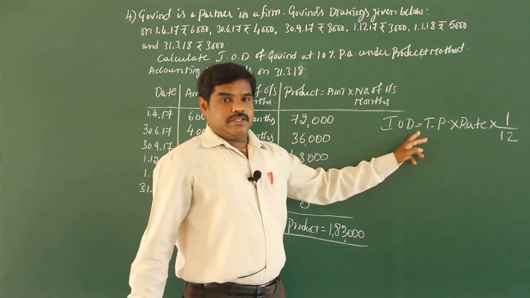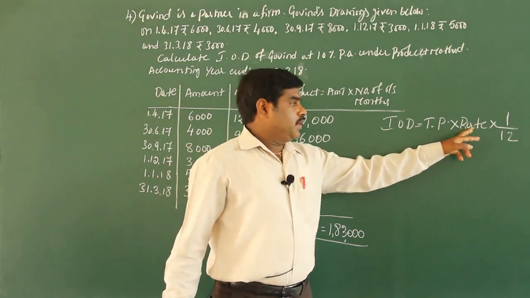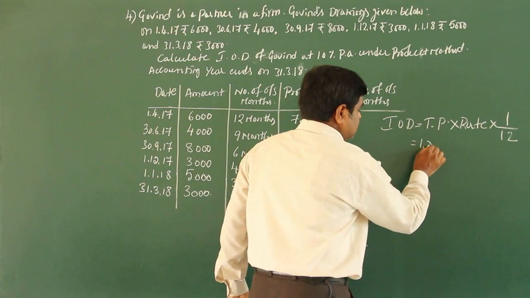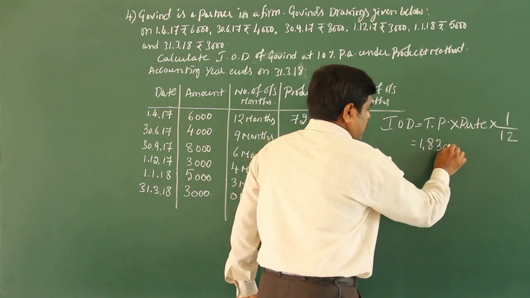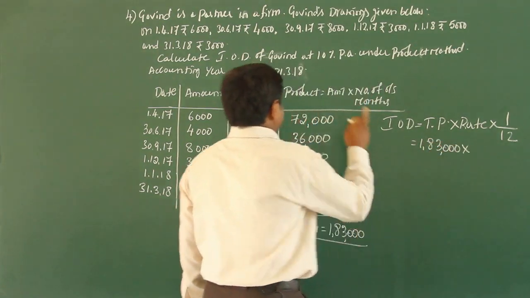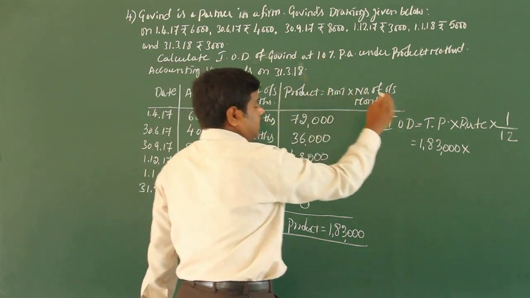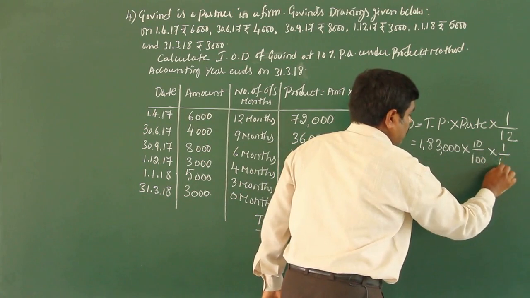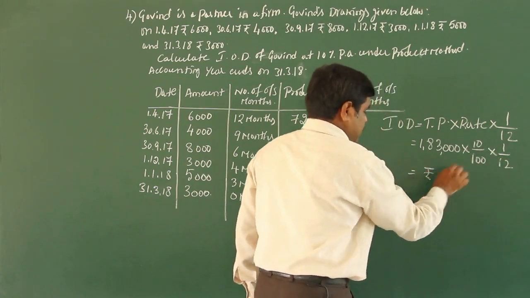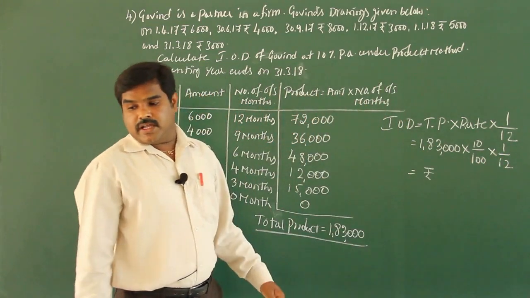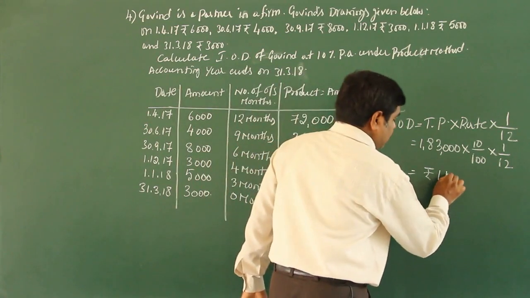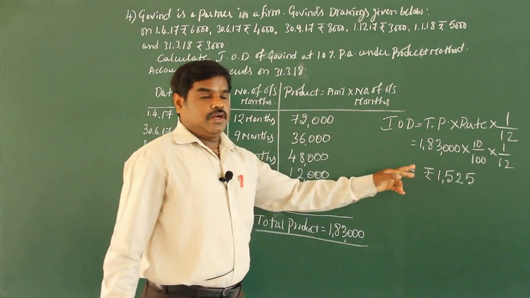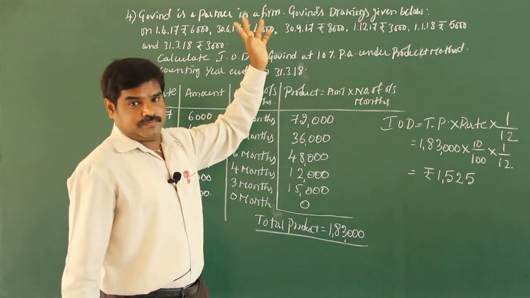Total product is 1,83,000. Rate of interest on drawings is 10%, so 10/100 into 1/12. If you calculate, you're going to get the answer 1,525. So that is the interest on drawings of Govind.